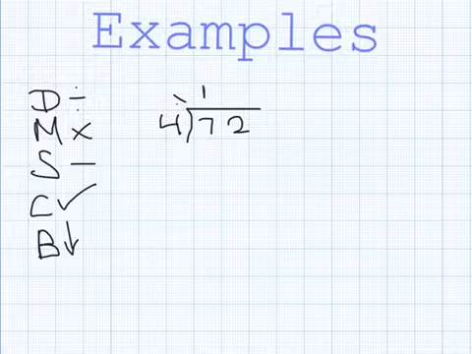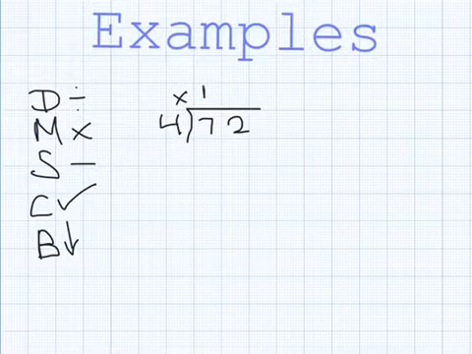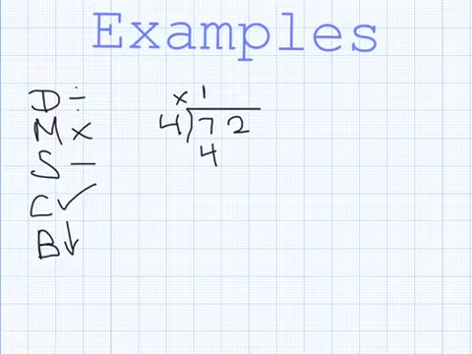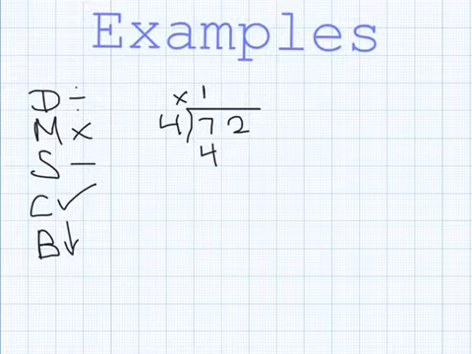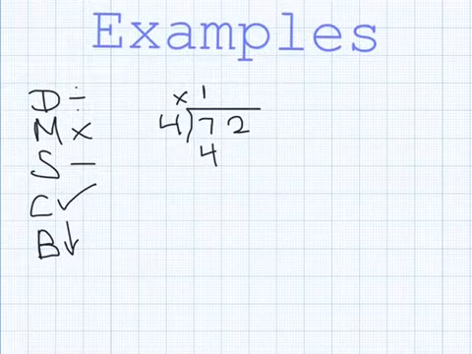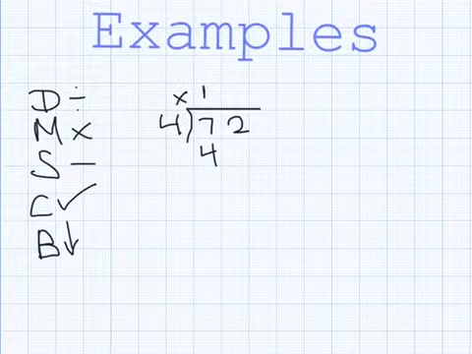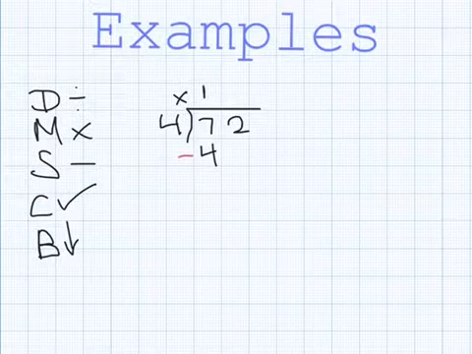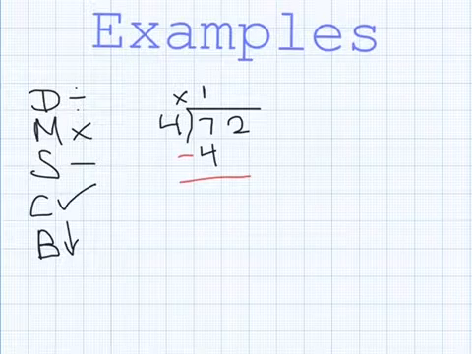Multiply 4 by 1. 4 times 1 equals 4. Anything times 1 equals the same number that isn't 1. Now we subtract. We have to subtract 4 from 7. The answer is 3.